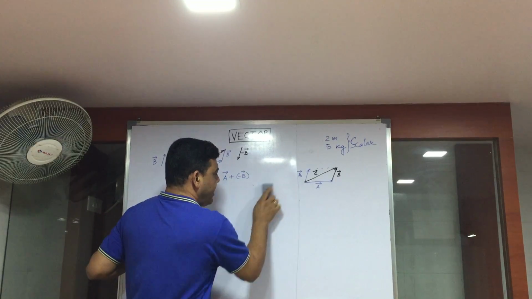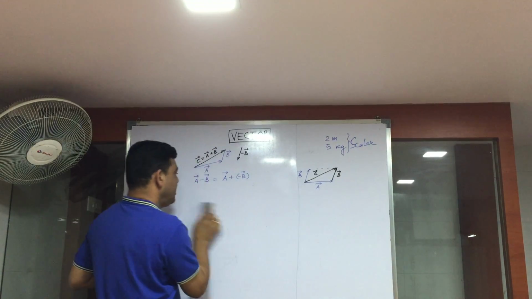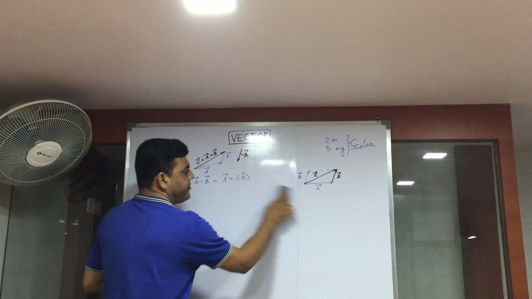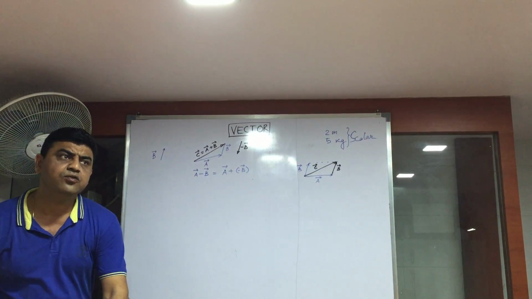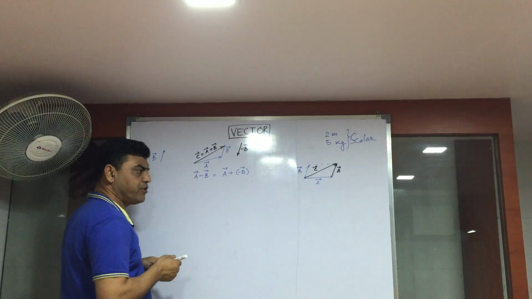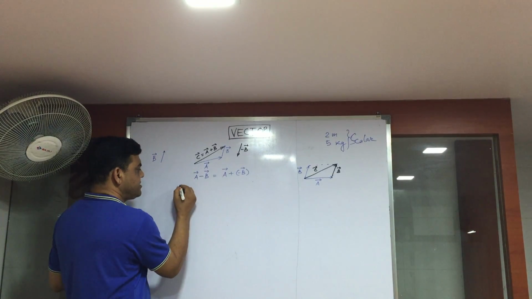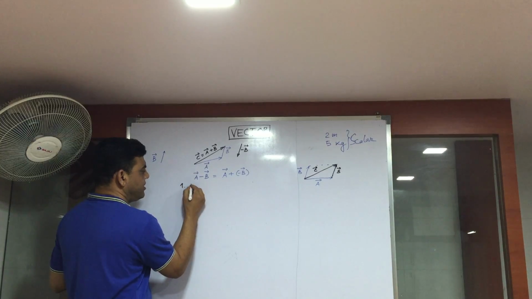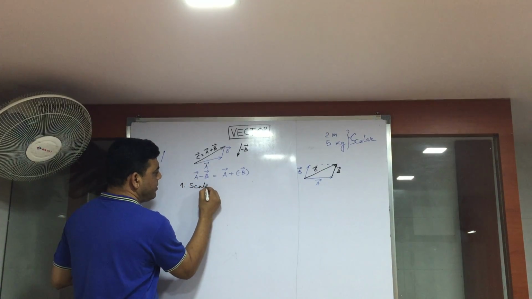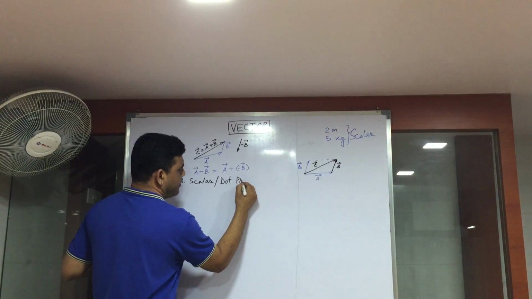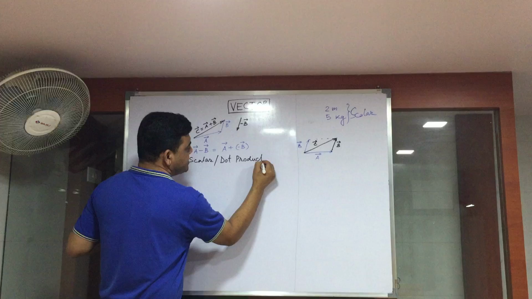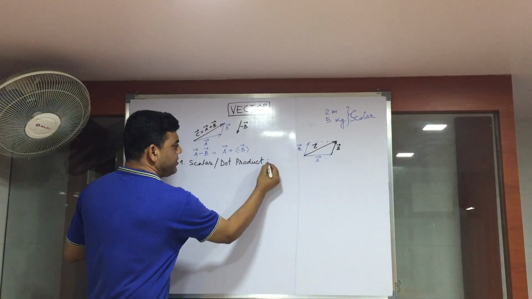If we have two vectors and we want to multiply them, there are two defined products of vectors. The first one is called scalar or dot product. What is this scalar or dot product?